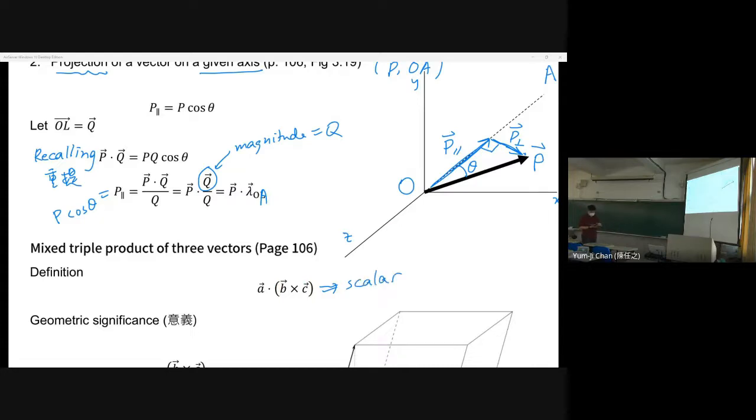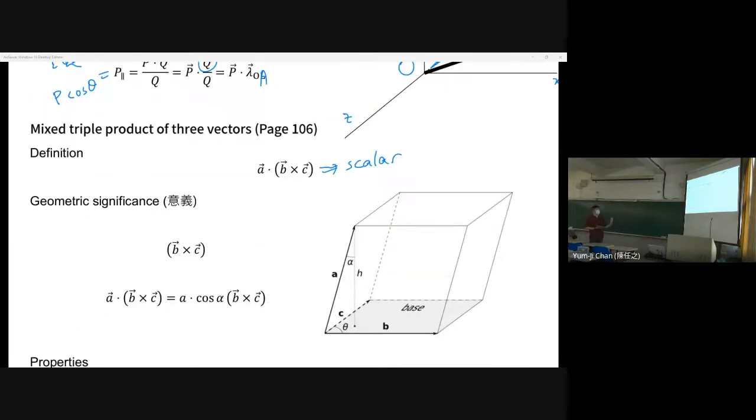And if you want to draw this here, B cross C is here, and then we have A there.